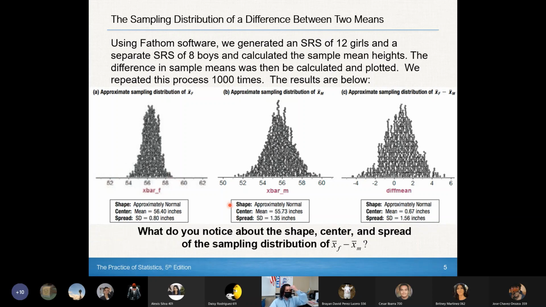So what do we notice about the shape, center, and spread of the sampling distribution of the differences? Well, shape is still approximately normal. The center appears to be the difference between the two means, 56.4 minus 55.7.